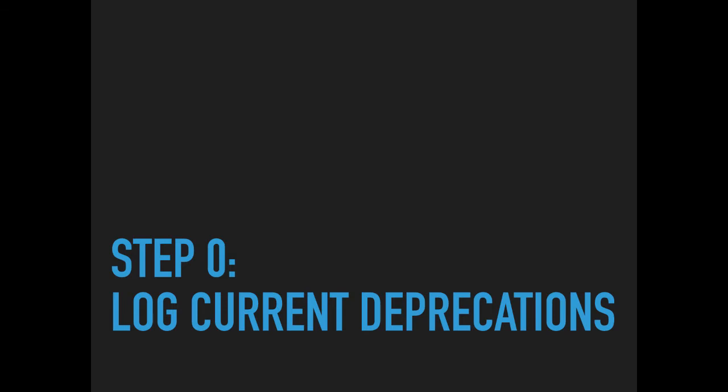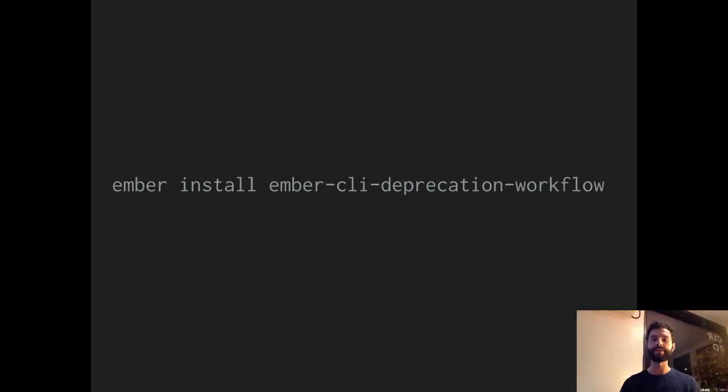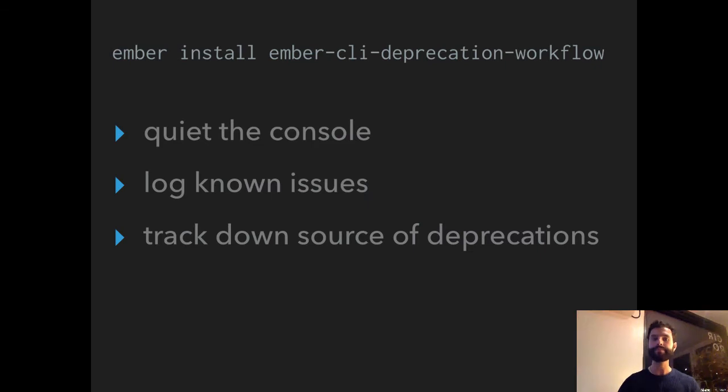The first step is to log all of our current deprecations. Even installing all of this stuff today, I started off on 2.4 with deprecations. So we'll walk through how to do this. We'll install ember-cli-deprecation-workflow, which is an add-on that helps you log and figure out exactly what deprecations are used within your app. The nice part about this is it shuts up your console.